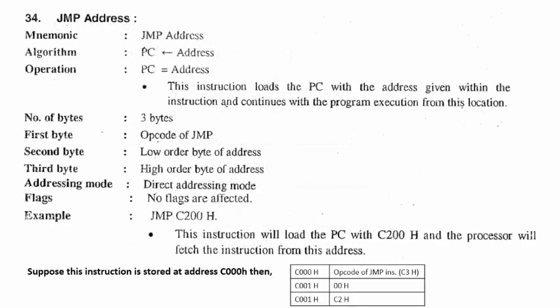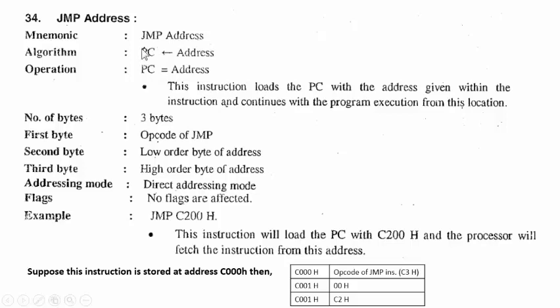The first simple branching instruction is JMP 16-bit address. Its mnemonic is JMP address. After the execution of this JMP instruction, the address given in the instruction, or user defined address, gets copied or loaded in the program counter.